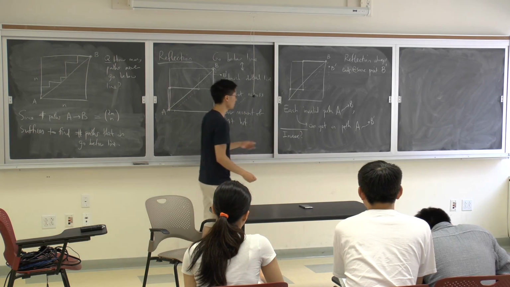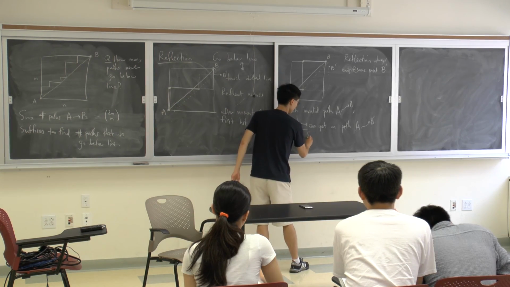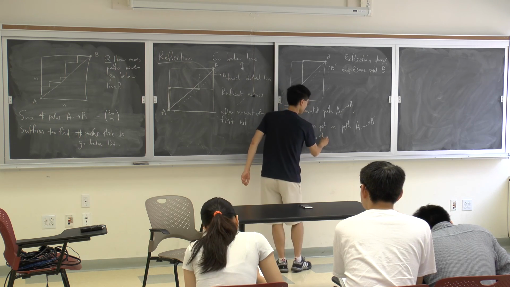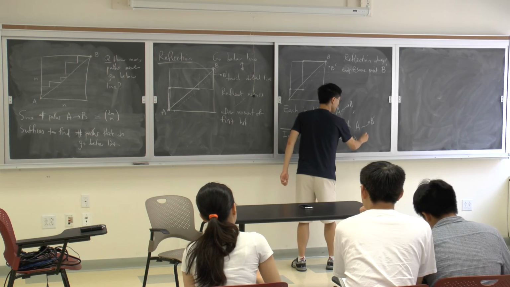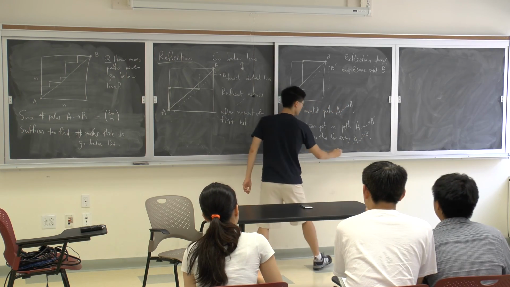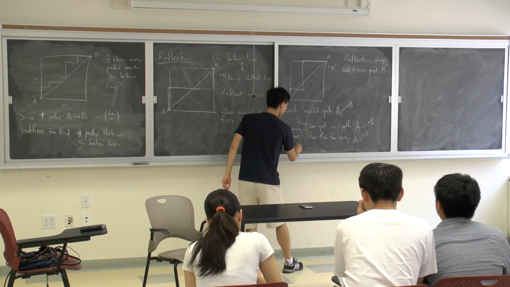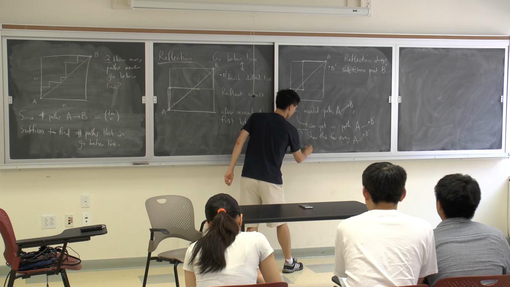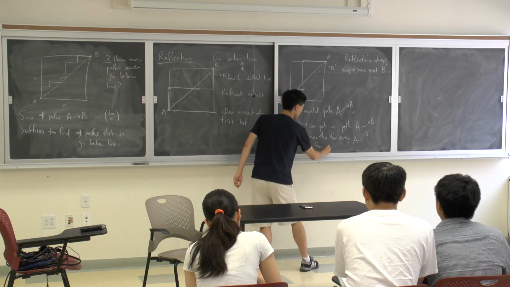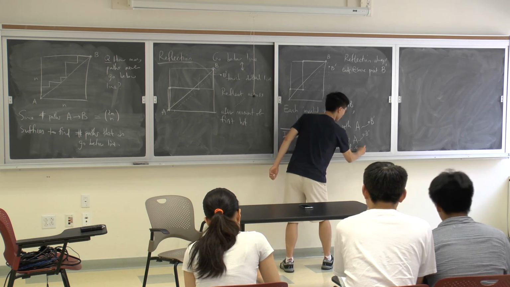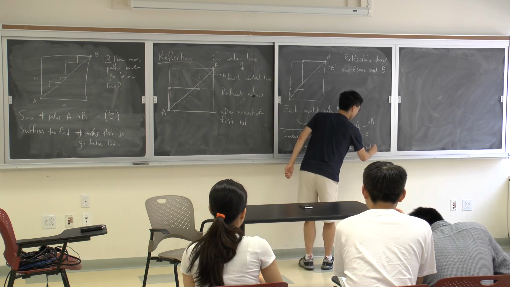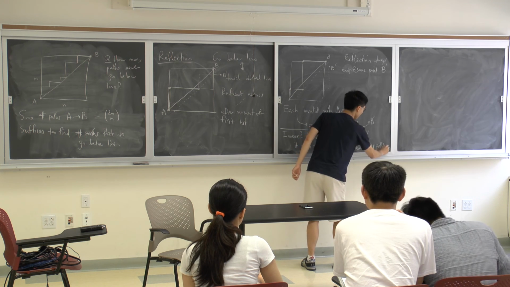What you're saying is that we need to show that every path that goes from A up to this other B prime comes from the reflection of some invalid path from A to B.